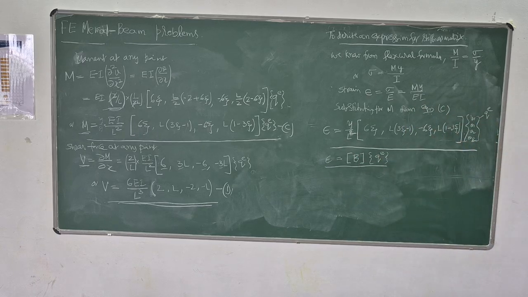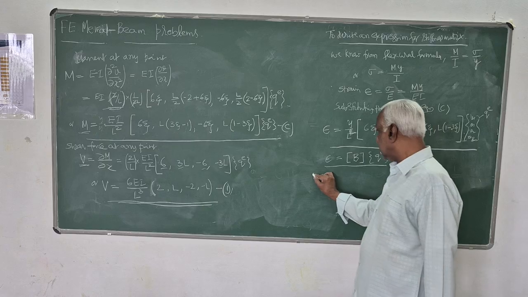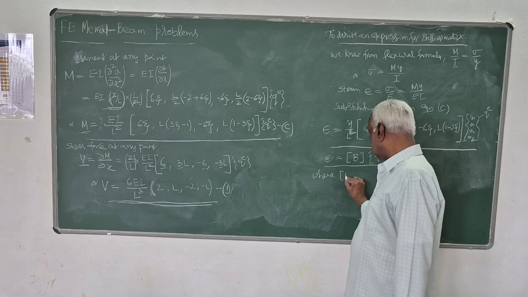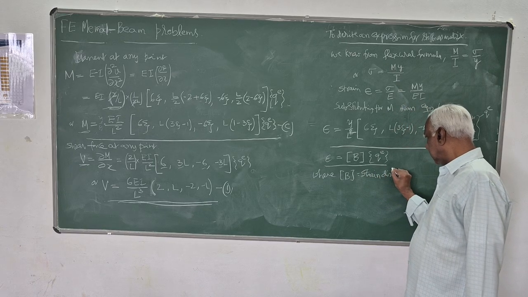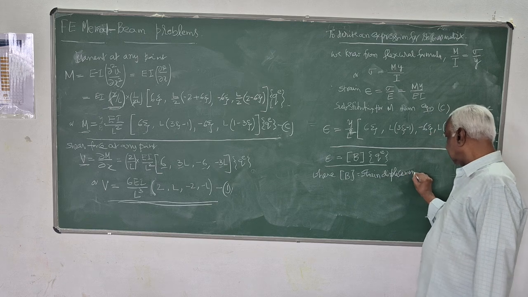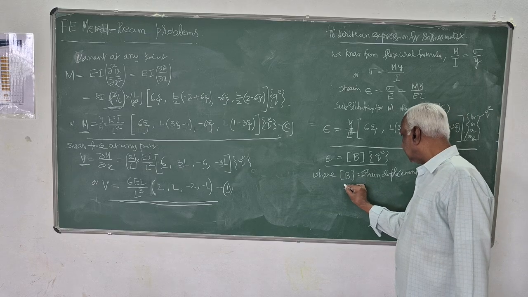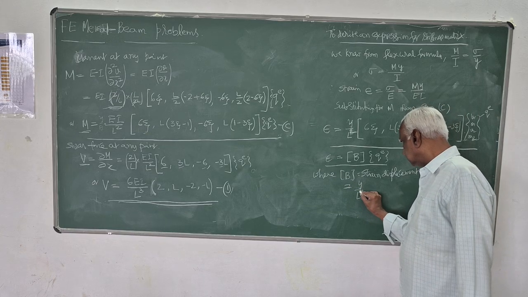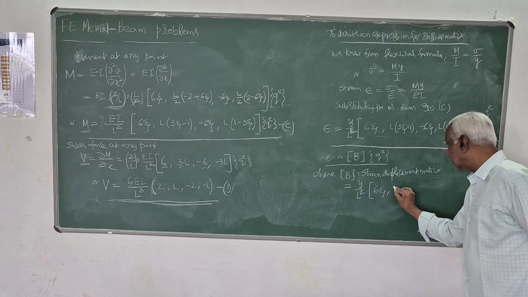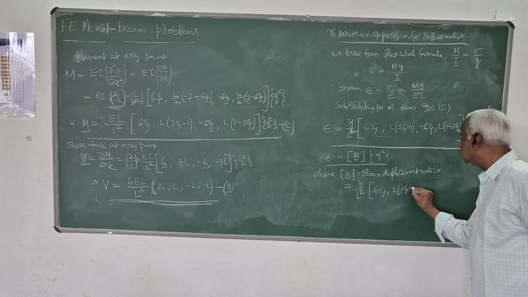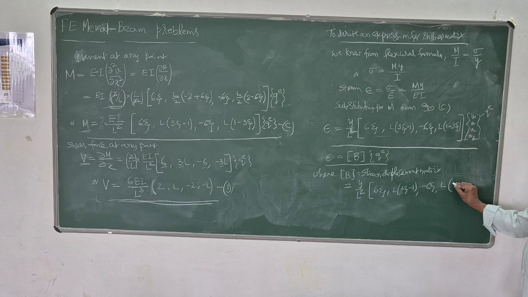This you can call epsilon is equal to B Qe, where B is the strain displacement matrix, which is nothing but y by L square into 6ξ, L(3ξ minus 1), minus 6ξ, L(1 minus 3ξ).